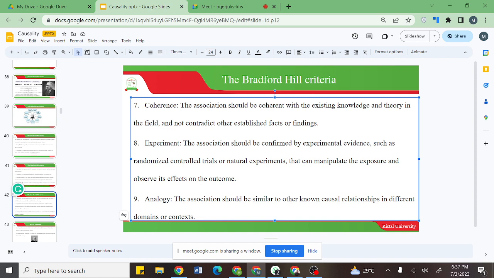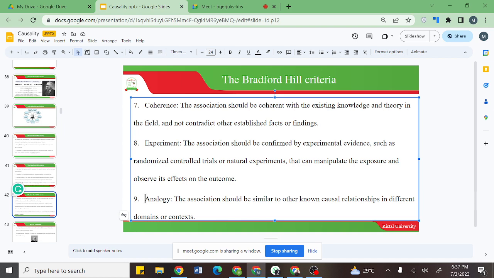Okay, so if TB is caused by bacteria, don't wake up tomorrow and tell us it's caused by a protozoa. That is completely out of the question, because what we really know as fact is that tuberculosis is caused by a mycobacteria. So that is to say that your findings should be coherent.